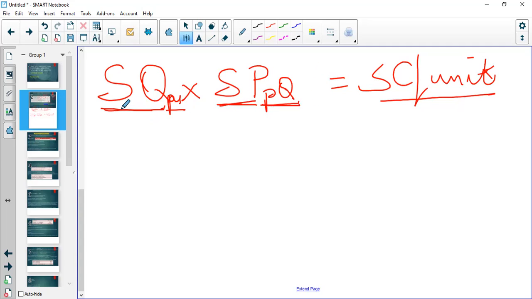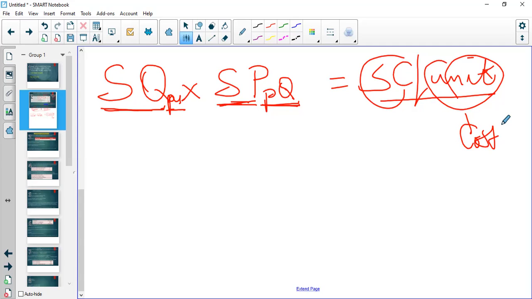So if we multiply the standard quantity per unit multiplied by the standard price per quantity, it's going to give us the standard cost per unit, because the unit here we refer to is the cost object, the thing whose cost we want to determine. So that's the cost object. So we're going to assign cost to the cost object.